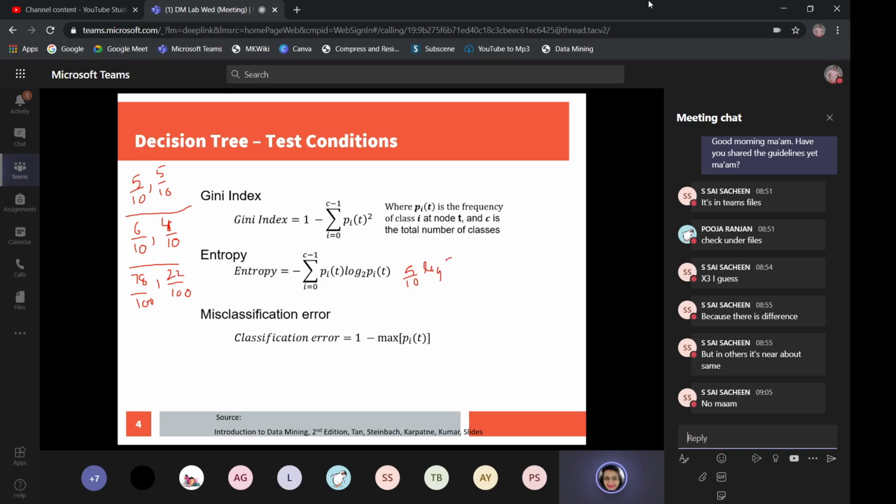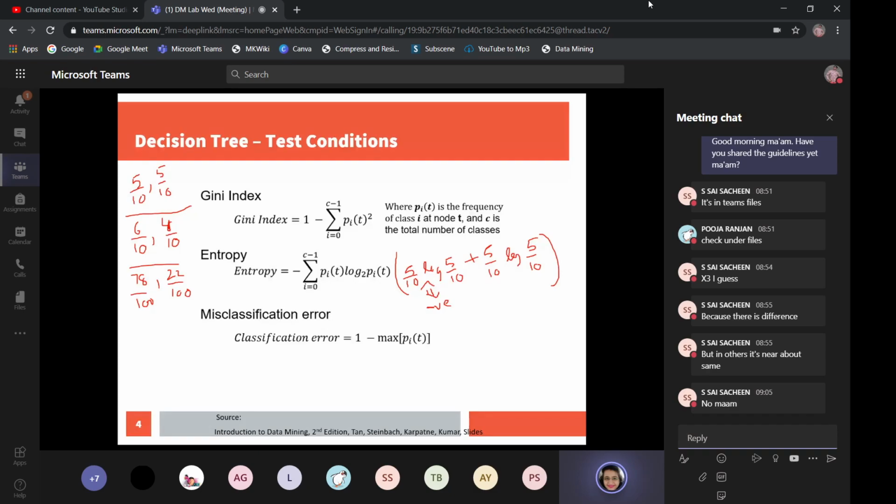You know that log will be a negative value, so this will give you some negative number, and this will be a negative number. What will be this number?